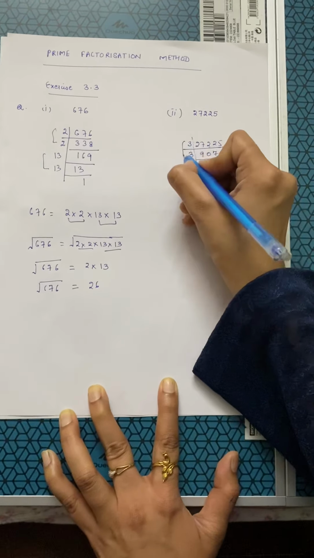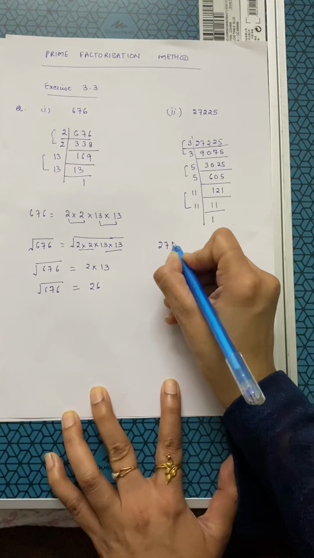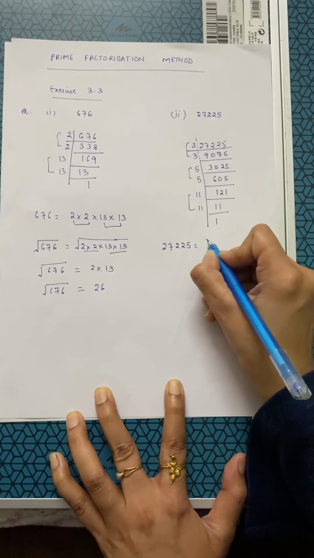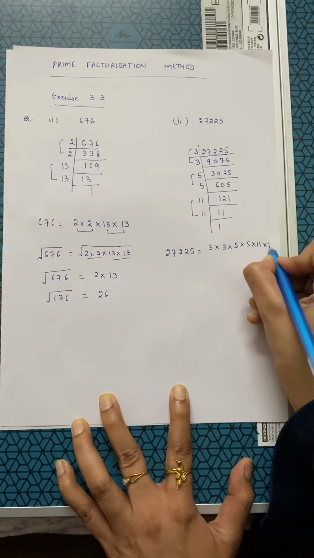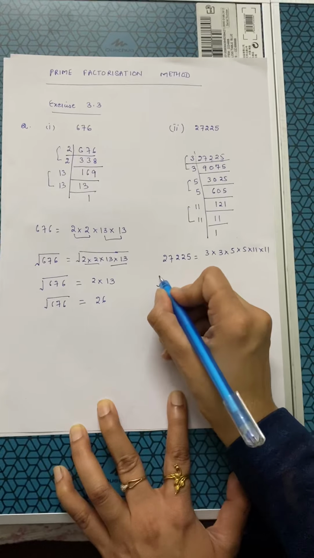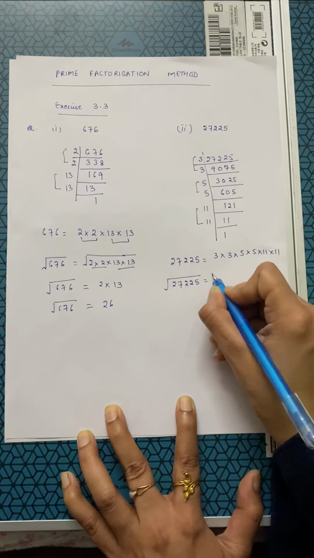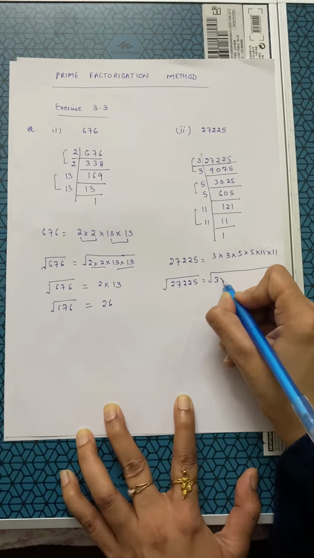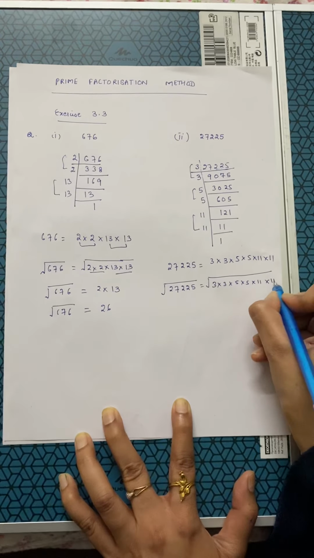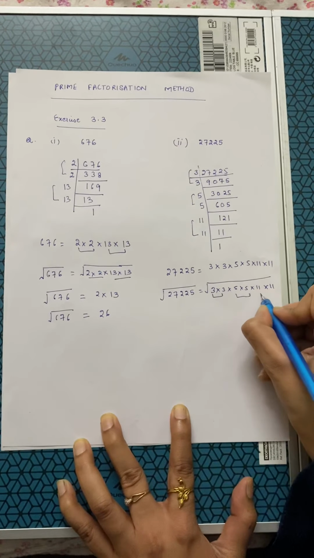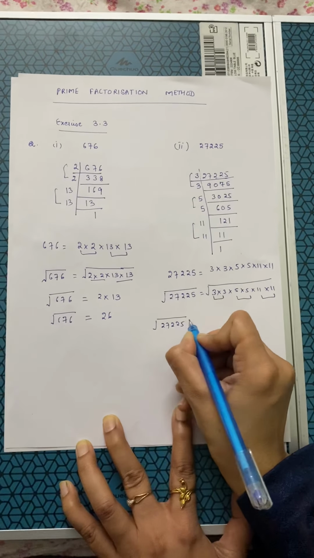So if you can see, the pairing of digits is there. I will write 27225 as 3 multiplied by 3, 5 into 5, 11 into 11. If I try to find the square root of this number, 27,225, again I have to put all the factors in the square root and then make their pairs, and we'll take the digits outside if the pairing is done.